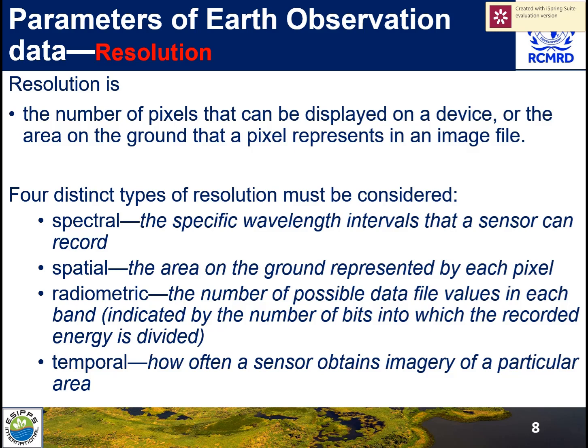The temporal resolution looks at how long it will take the sensor to image that particular place another time. So if it takes 2 days, then the temporal resolution is in 2 daily intervals. If it is 1 day, then it is daily.